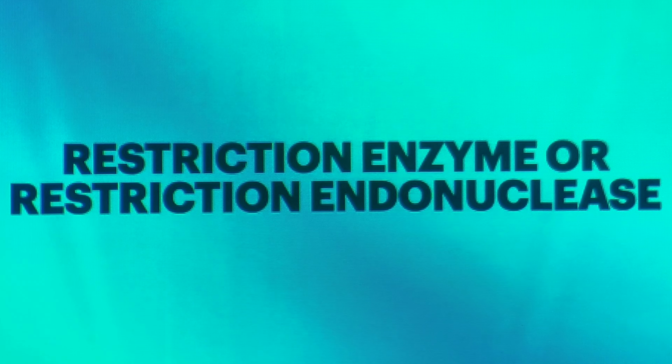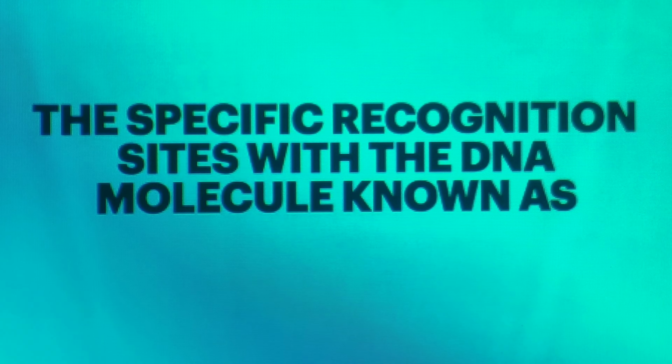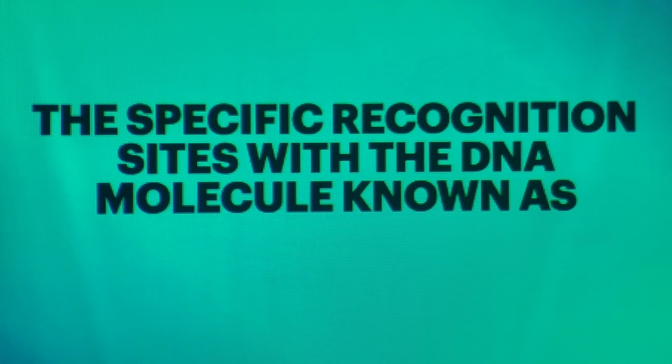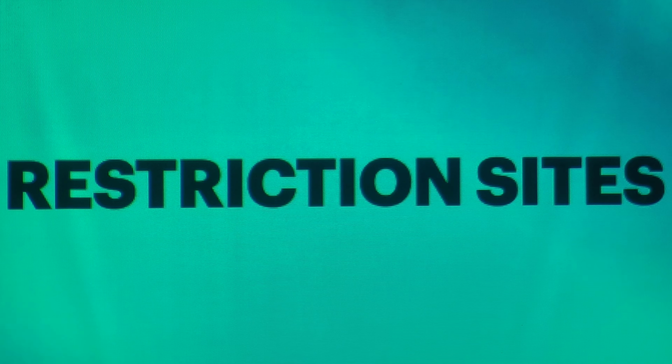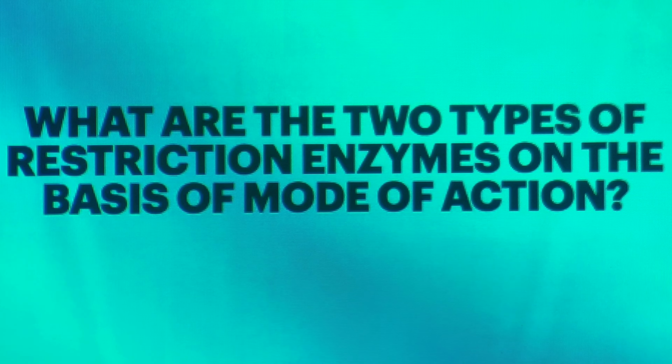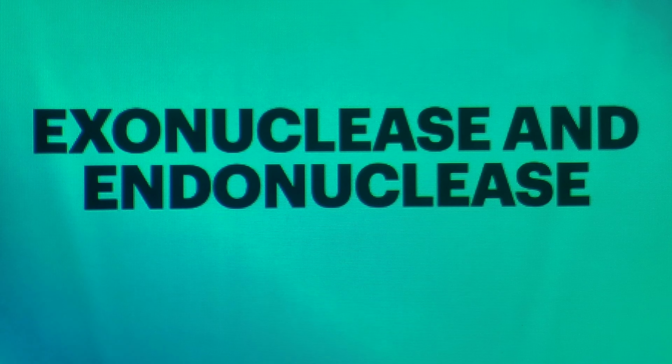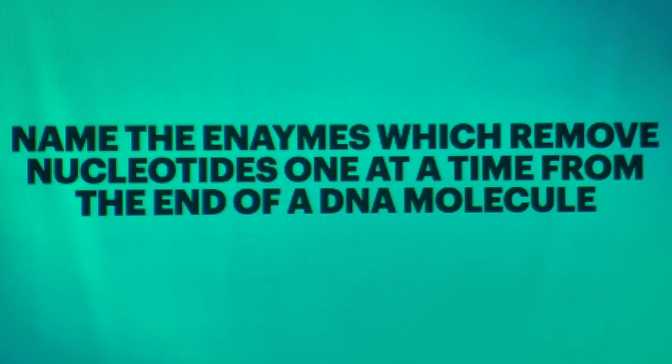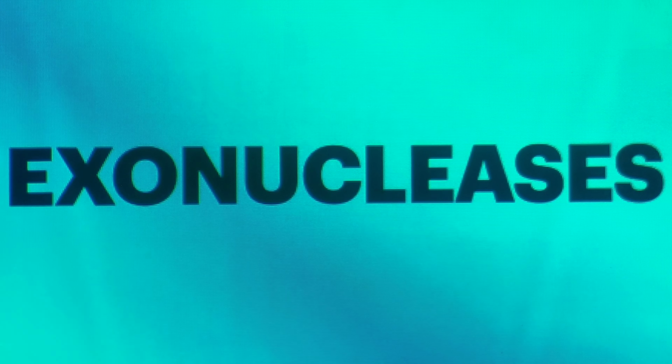Restriction enzyme or restriction endonuclease. The specific recognition sites within the DNA molecule are known as restriction sites. What are the two types of restriction enzymes on the basis of mode of action? Endonuclease and exonuclease. Name the enzymes which remove nucleotides one at a time from the end of a DNA molecule. Exonuclease.